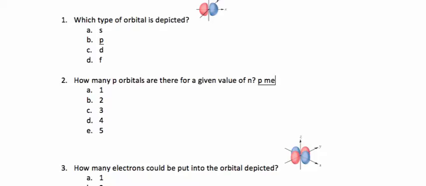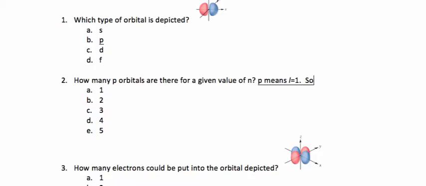Well, remember that a p orbital means that L is equal to 1. Remember that S, P, D, and F are just codes that tell us how big the quantum number L is. So if L is equal to 1, what does that imply for m sub L? How many different values could m sub L have?